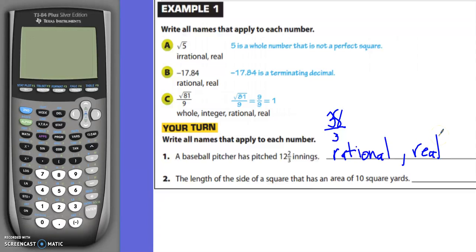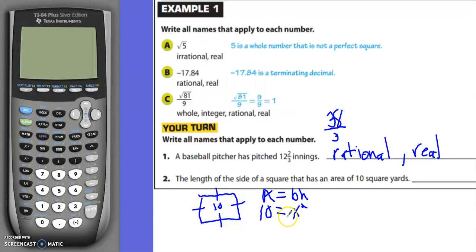The length of a side of a square that has an area of 10. So if we're talking about a square, all the sides are equal and the area is 10. The formula for area of a square is base times height. And so if we're looking for a number, two identical numbers that would get me 10, it would be something like this.